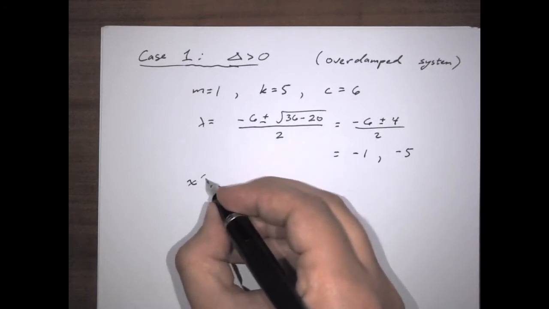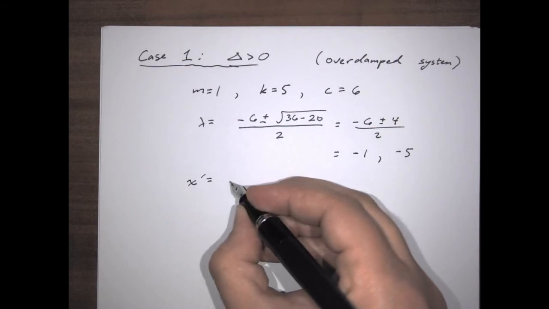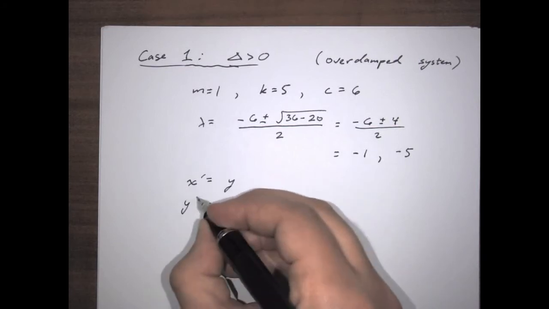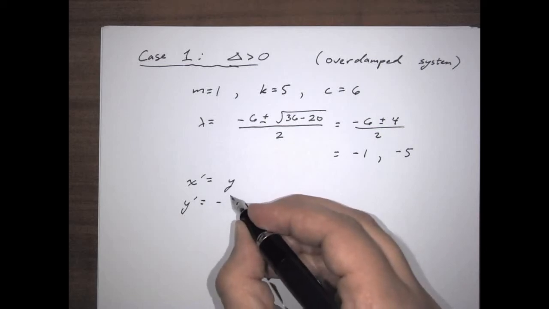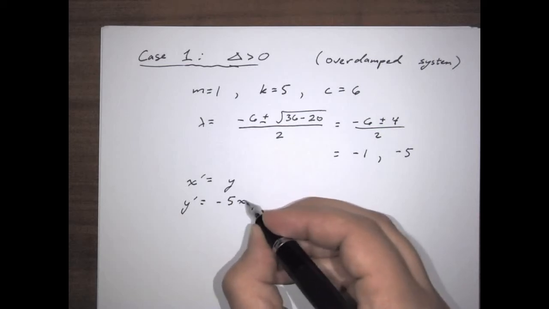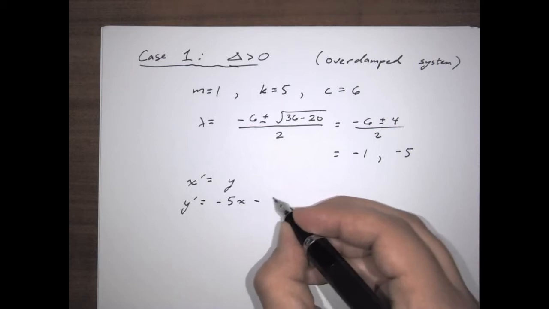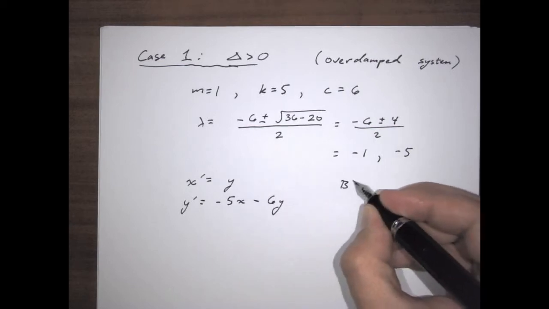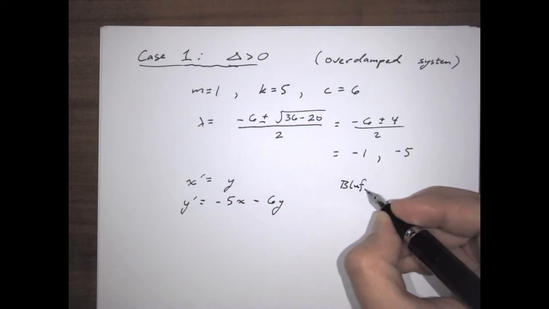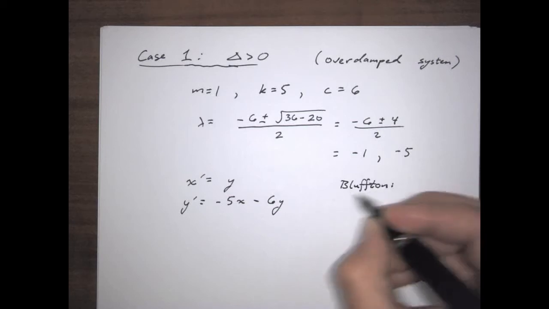And so x prime equals y, and y prime equals -k over m, so -5x minus 6y. This is going to give us via Bluffton the following.